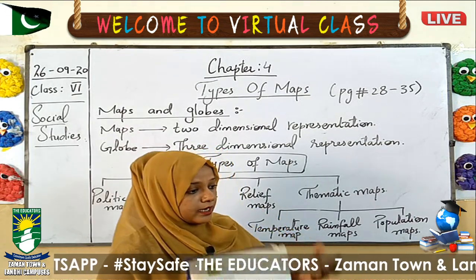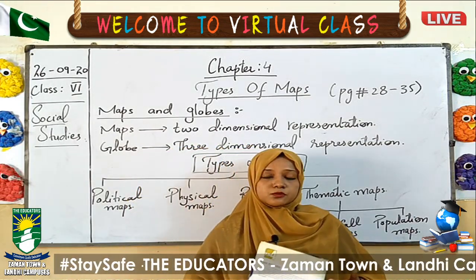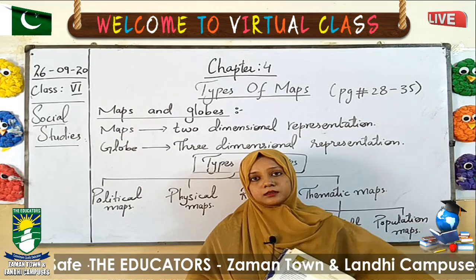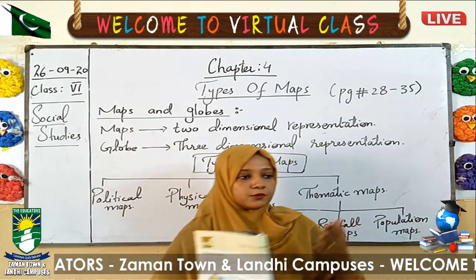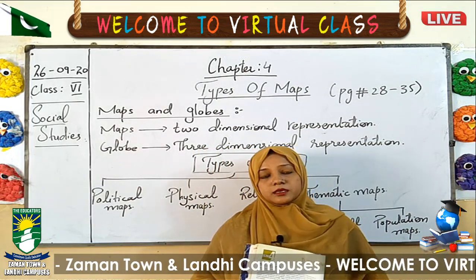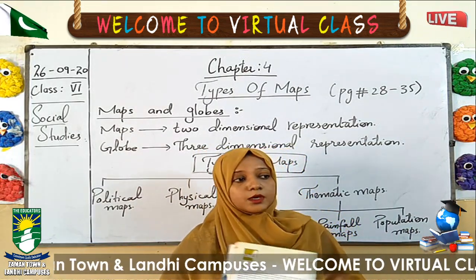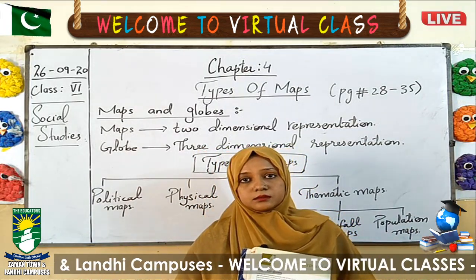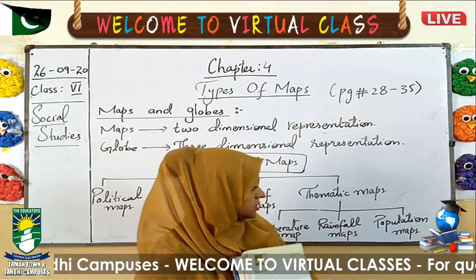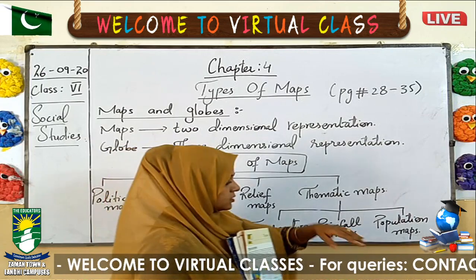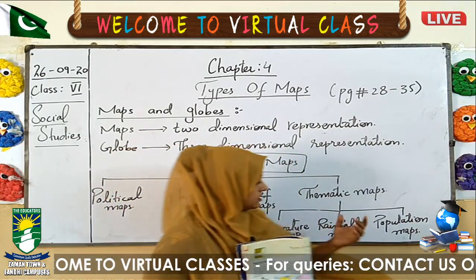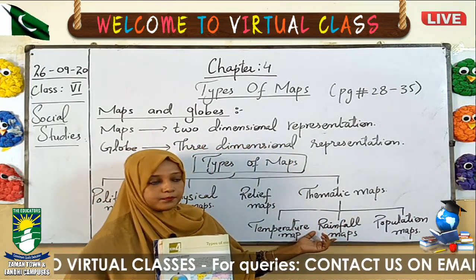But there are some places which experience rainfall throughout the year. There are some countries which experience rainfall only during summers, heavy rainfall, because of the very hot weather and the humidity. Alright, so all these places are highlighted in the rainfall maps.